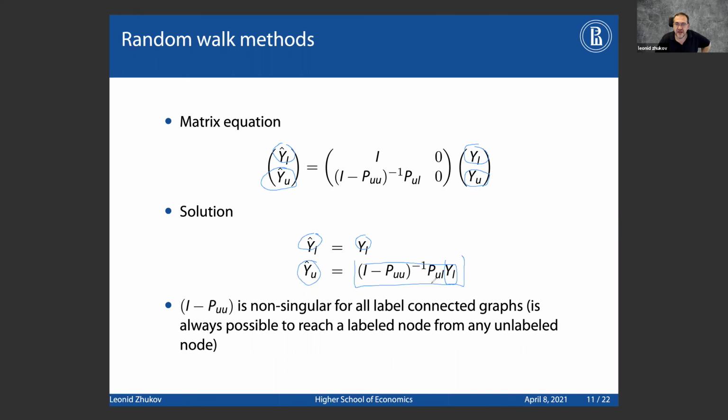This encodes the connectivity and the walks between unlabeled and labeled nodes, and this encodes walks between unlabeled nodes. And one can show that this matrix is non-singular, and you can actually just calculate this number.